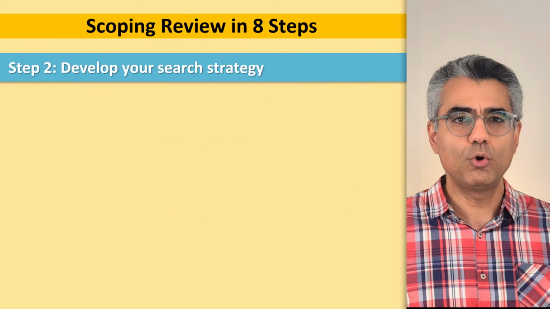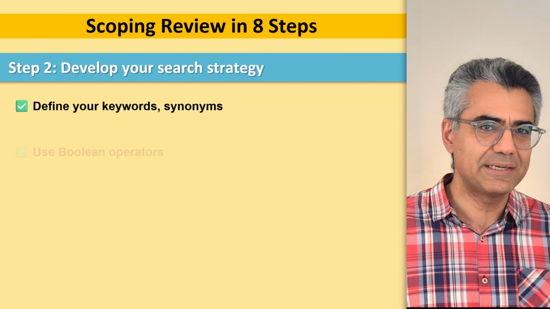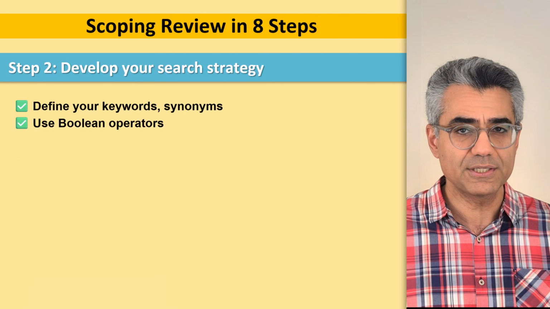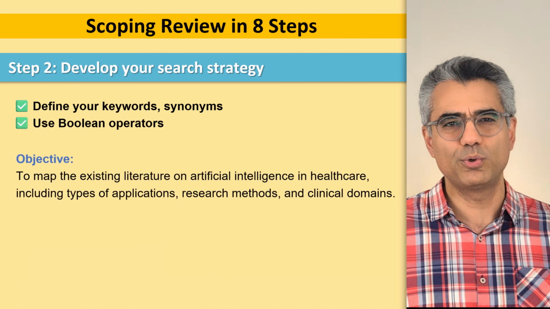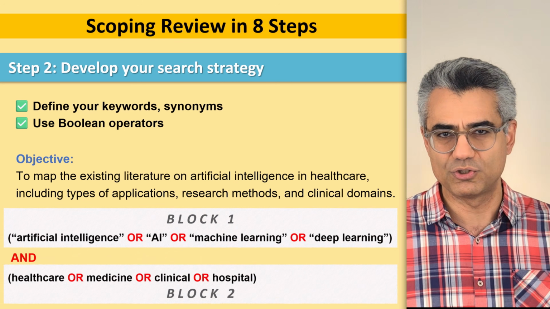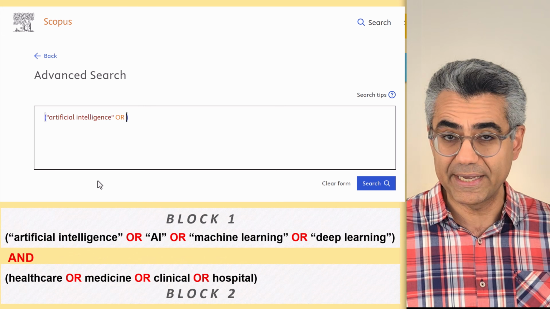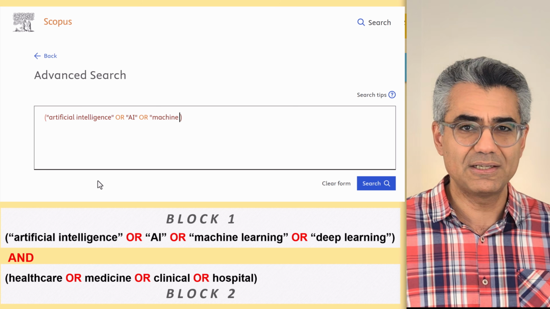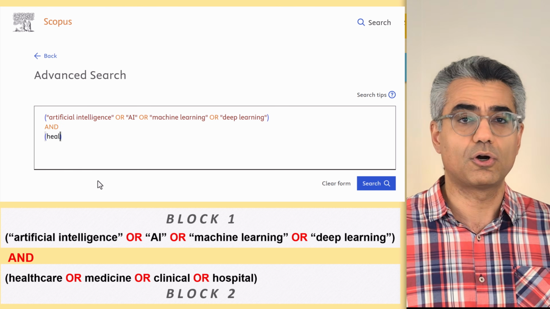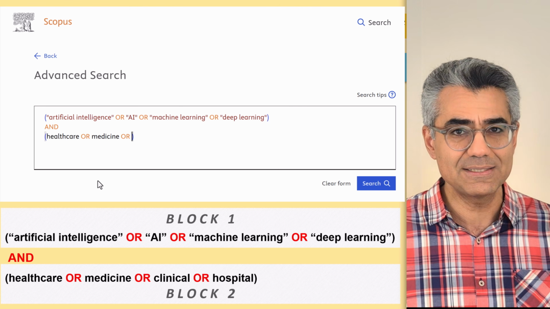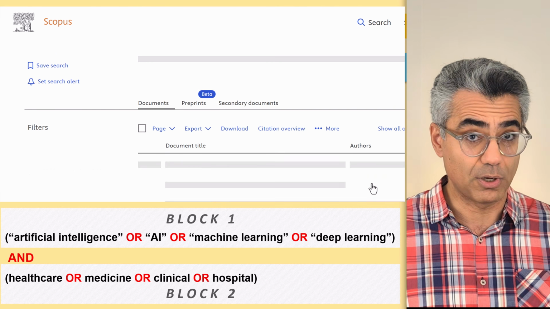Step 2. Develop your search strategy. Now you define your keywords, synonyms, and use Boolean operators to find what you need for your review. For example, for this topic, your query can be something that you can see here on the screen. 2 blocks have been used to represent the terms for AI and healthcare, and the synonyms within each block are linked using OR, and the 2 blocks are combined using AND to retrieve records that contain terms from both blocks.